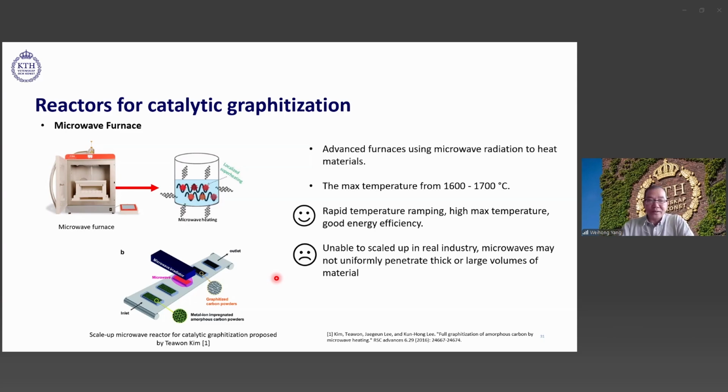But anyway, it can provide very high energy and high temperature, up to 1,600 to 1,700 degrees, quite fast. One challenge is that it is very hard to scale up, because of how to make the microwave at big scale. That's the kind of challenge. But from the laboratory research perspective, quite a lot of research groups believe microwave is one of the best technologies for graphitization.